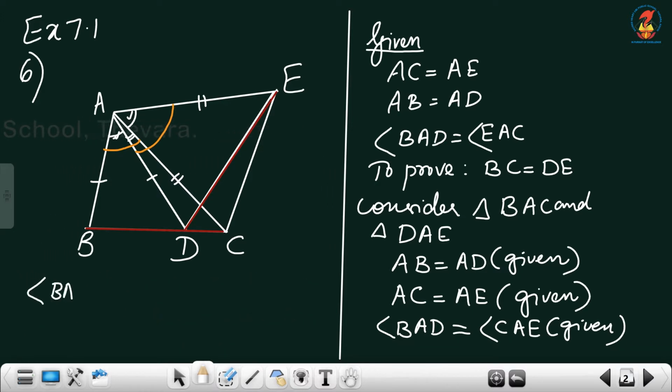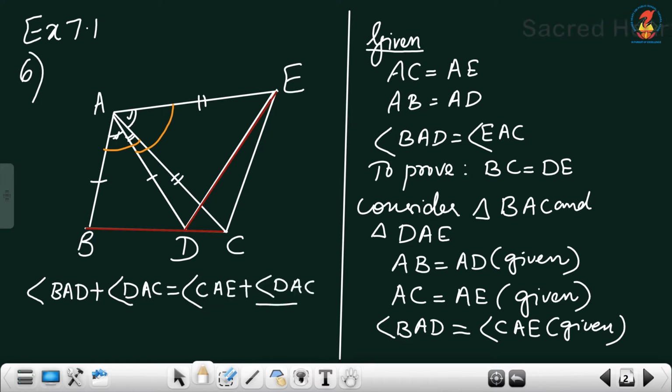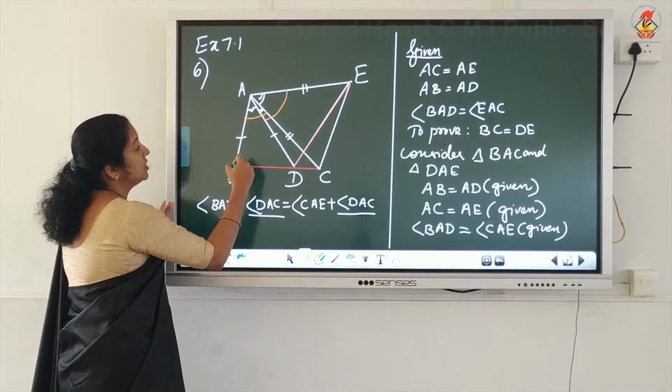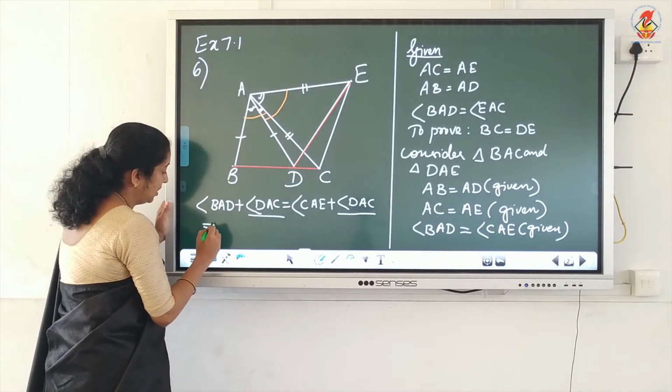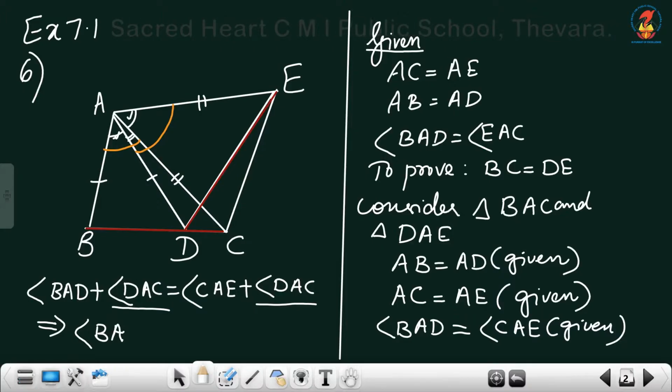So, angle BAD plus angle DAC is equal to angle CAE plus angle DAC. We added the same amount to each side. Angle BAD plus angle DAC means angle BAC. This means that angle BAC is equal to angle DAE, the total angle.